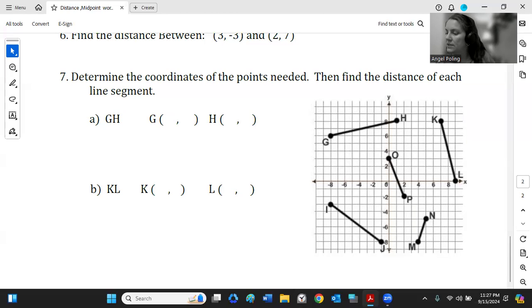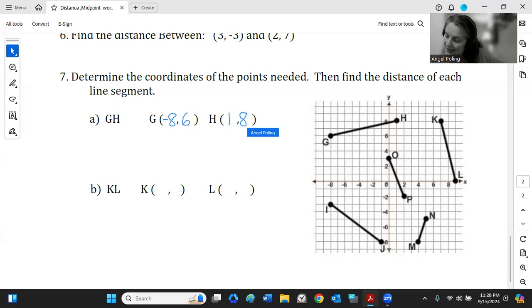Okay, so G is at -8, comma 6, and H is 1, 8.